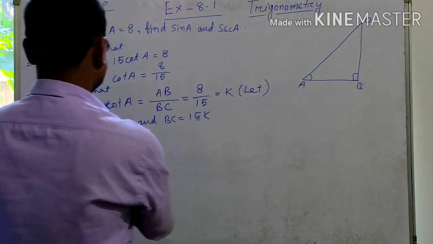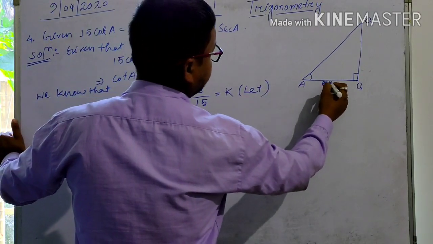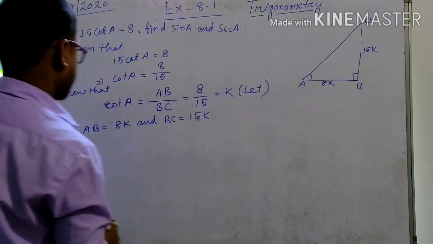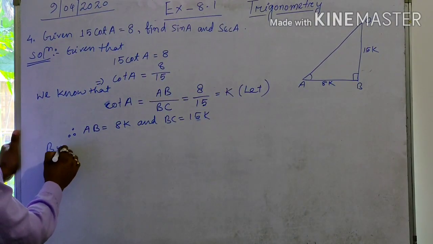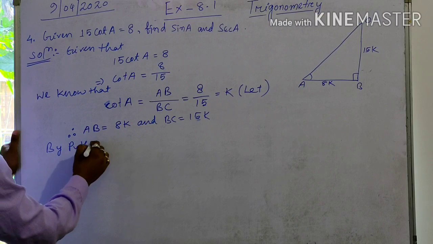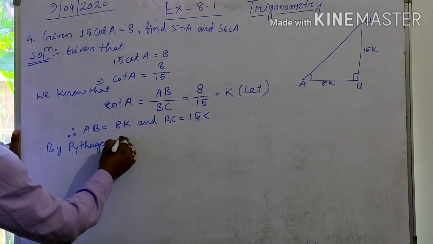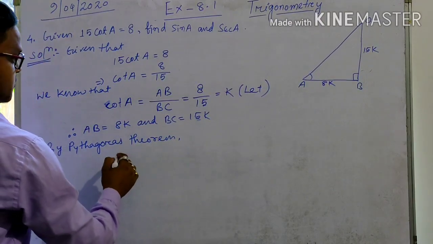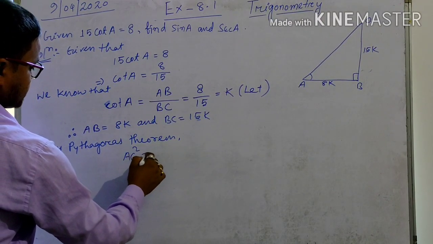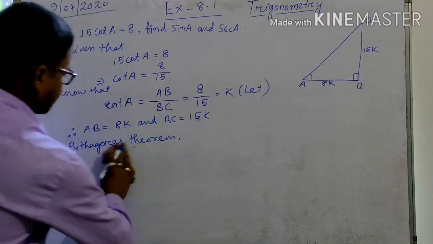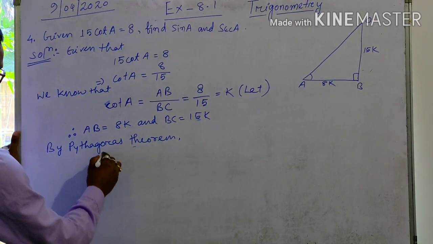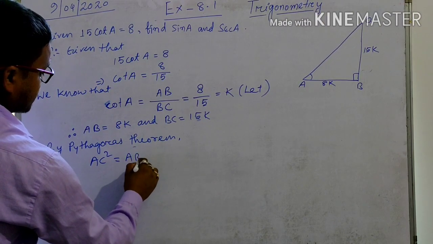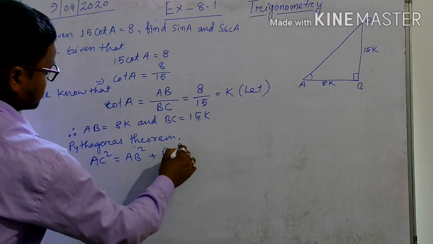Now write these values here: AB is 8K and BC is 15K. You have to find the hypotenuse, so by Pythagoras theorem, hypotenuse squared is equal to base squared plus perpendicular squared.